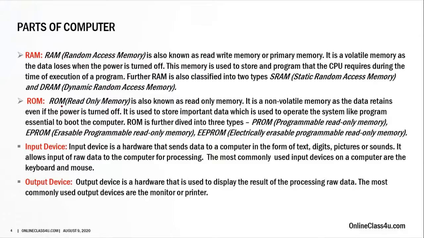Next we come to ROM. What is ROM? ROM is read-only memory. This memory is known as a non-volatile memory. Why? Because whatever data is stored in this memory, even if the power goes off, the data remains there.